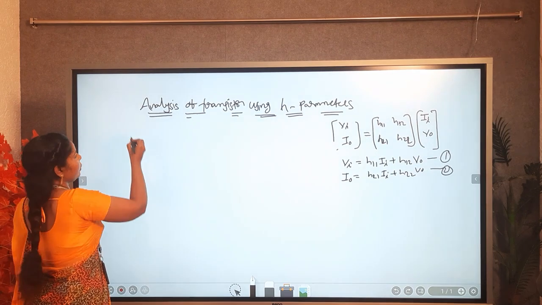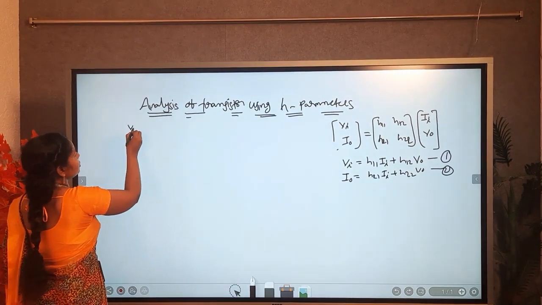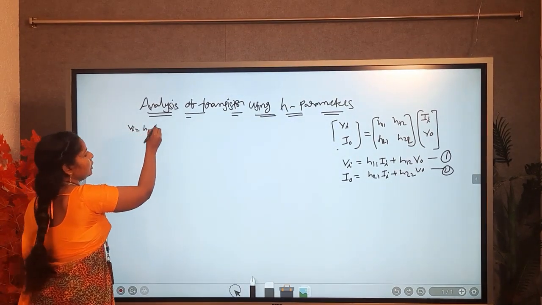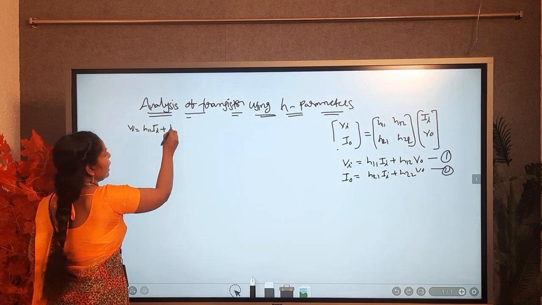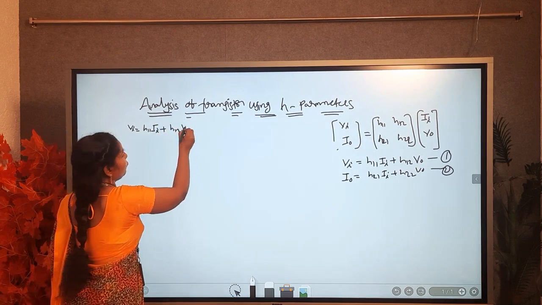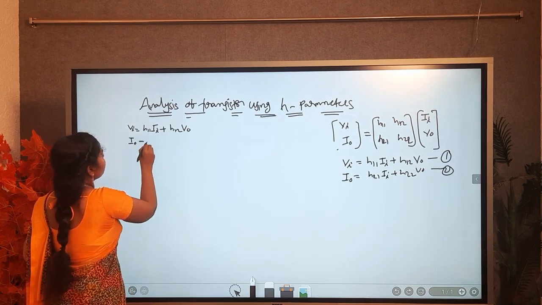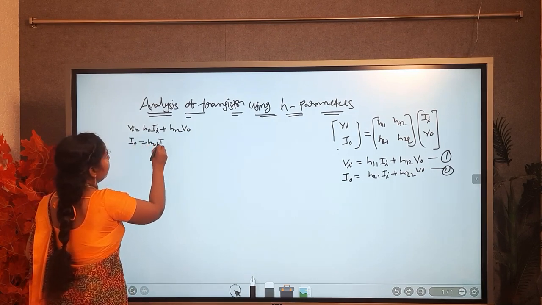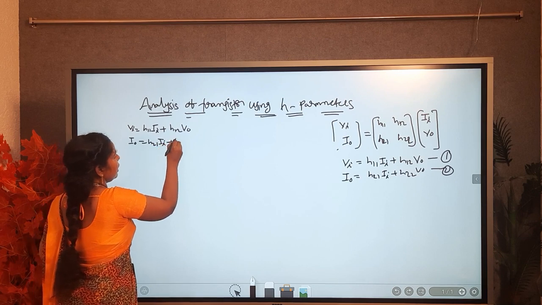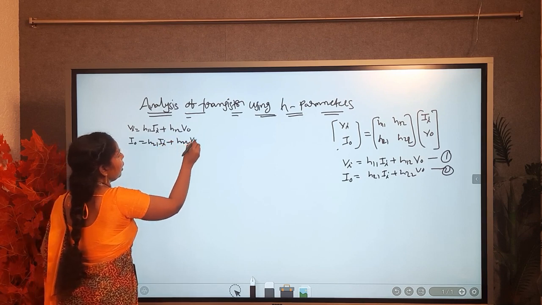From that, VI equals H11 II plus H12 V naught. I naught equals H21 II plus H22 V naught.